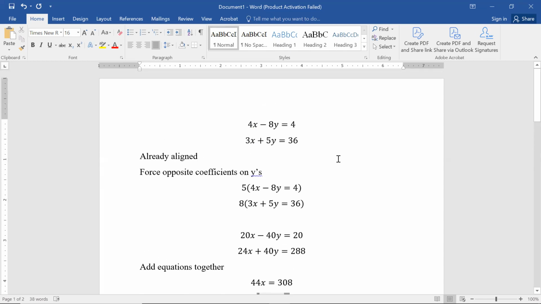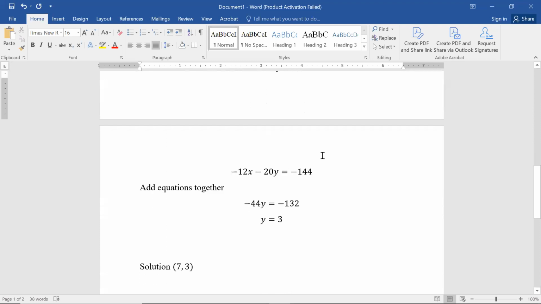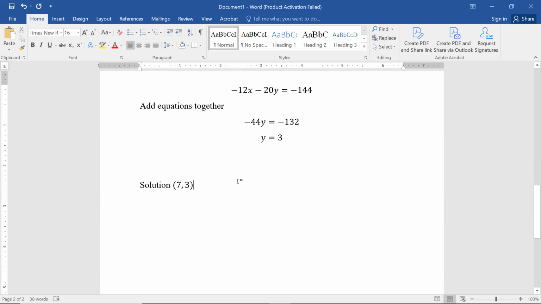So there we go. And they do in this case. I should have said that. So they do in this case. So 7, 3 is the solution to the system.